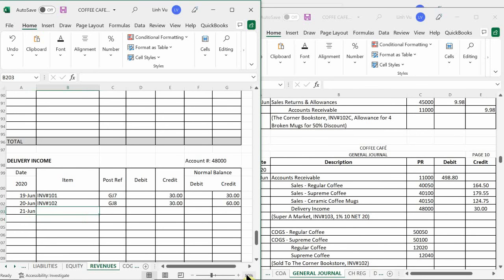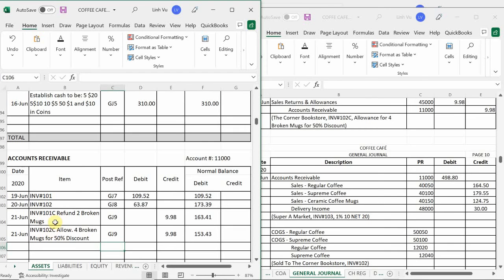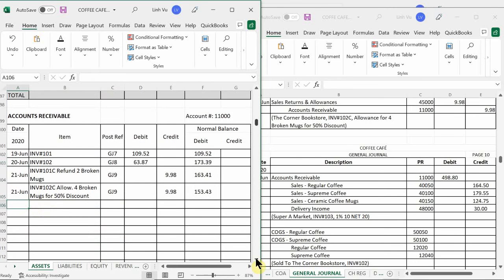So in this case, how much is my delivery income account balance? $90. Yep, it's $90. Okay. And I did not do my accounts receivable. All right, accounts receivable right here.